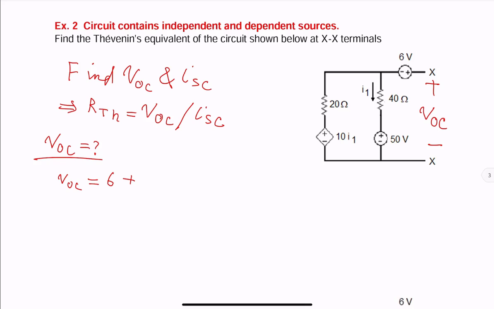We're using passive sign conventions, so V is equal to Ri, so 40 I1. We see the positive of the next source, so plus 50 equal to 0.